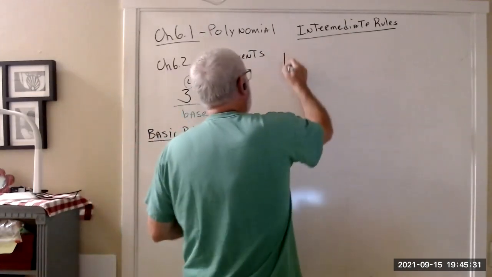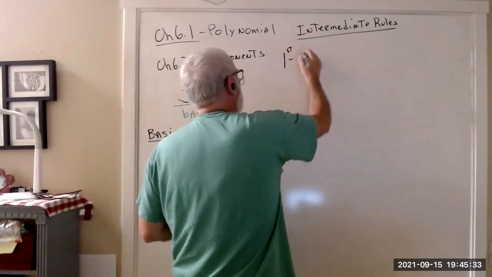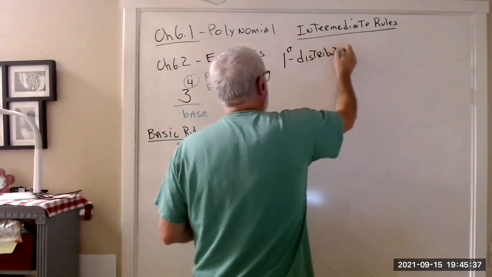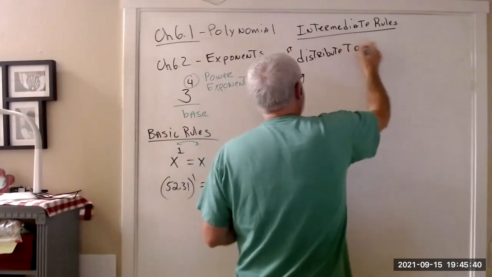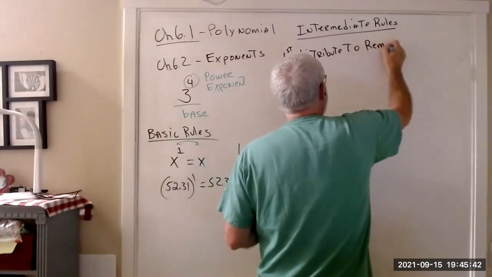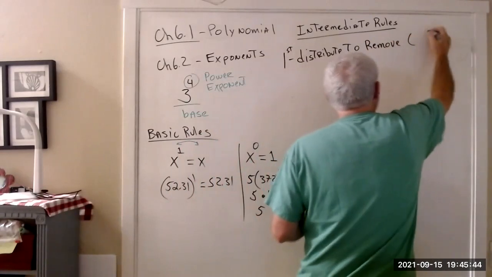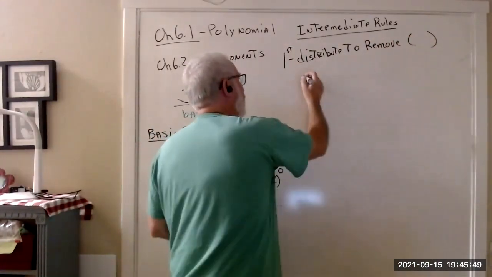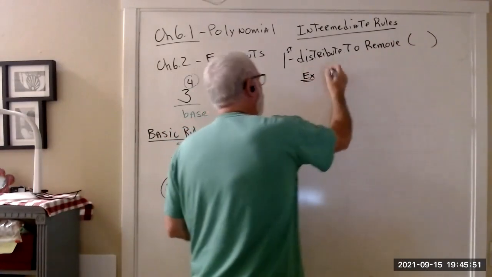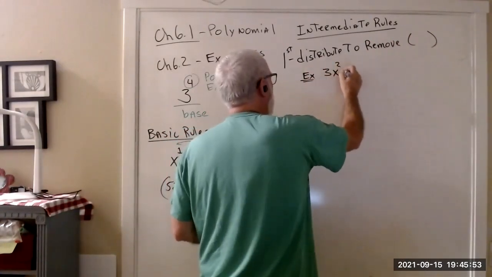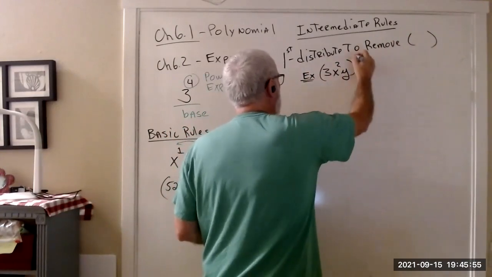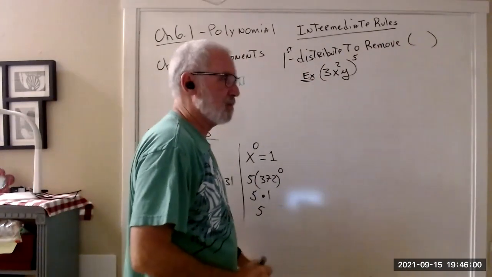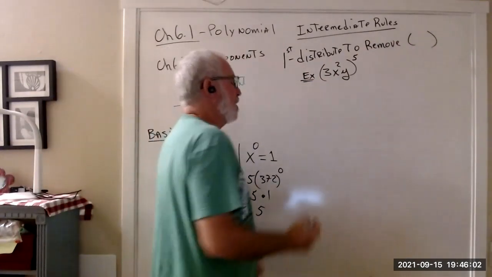So the first intermediate rule is we're going to distribute to remove any parentheses at all. So for example, suppose you have 3x squared y quantity to the 5th power. Okay.